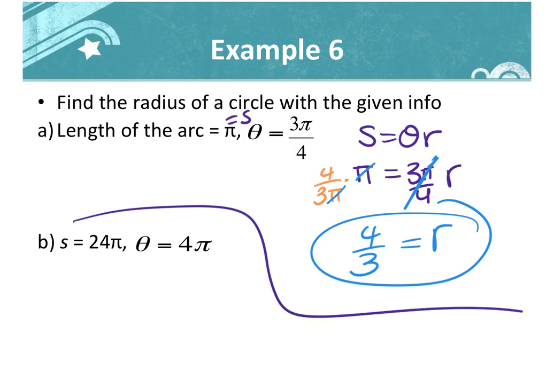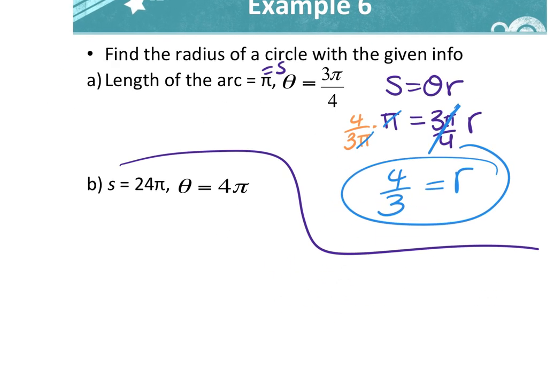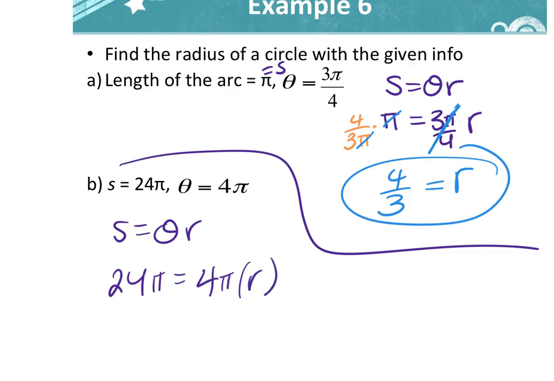All right, then B. S equals theta times the radius. S is what this time? 24 pi. Theta is 4 pi. I don't know R. Is theta in radians? Yes. So I just have to divide by 4 pi.